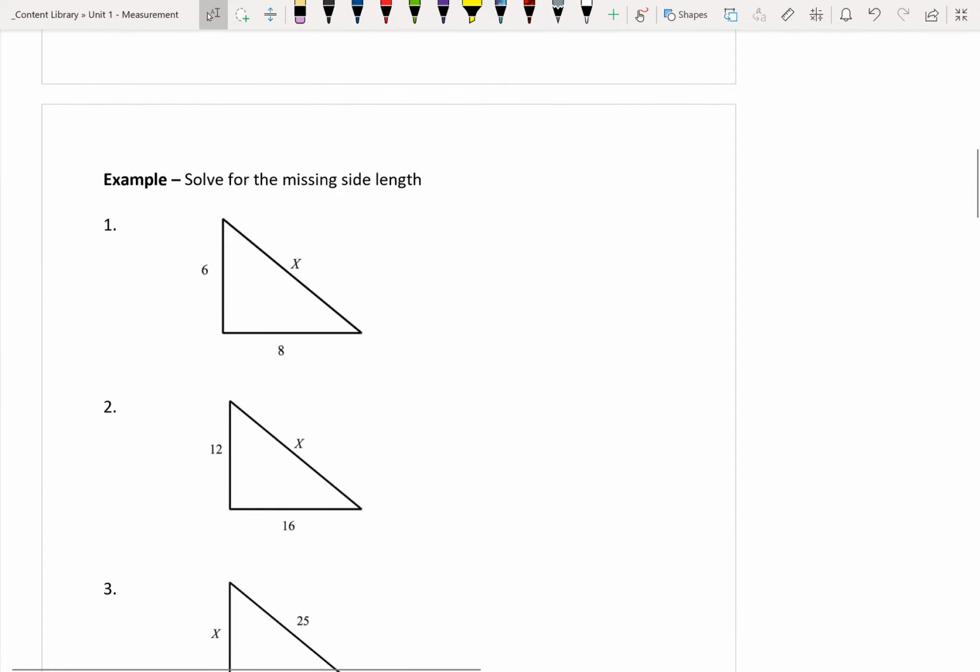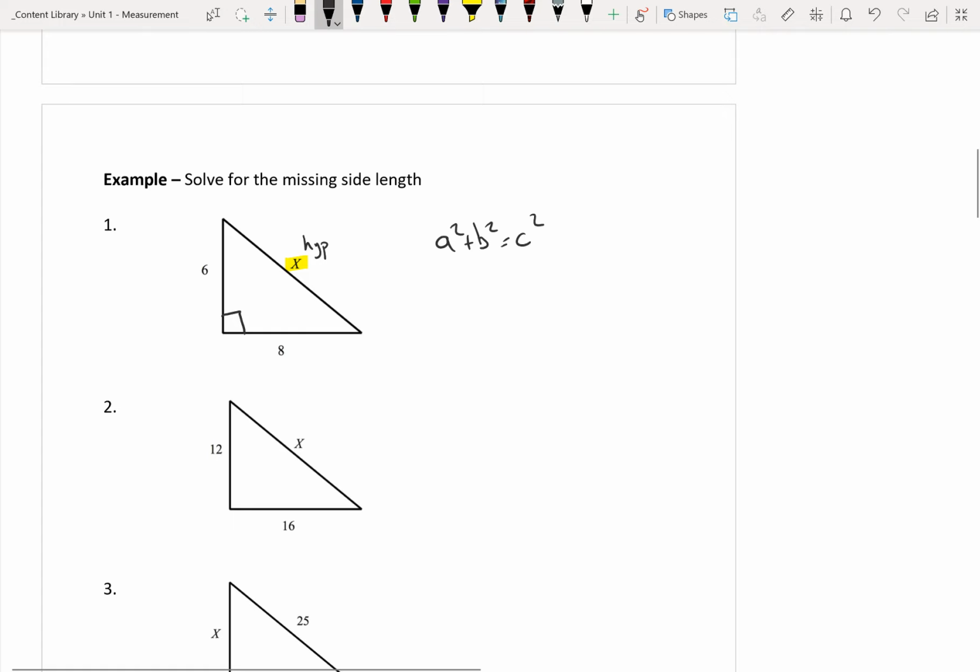So let's use that theorem to help us figure out the side lengths for our triangle. If we look at a right-angled triangle here, I'm trying to find this missing side. If I go back to my diagram, this is my hypotenuse. So I need to use a squared plus b squared equals c squared.